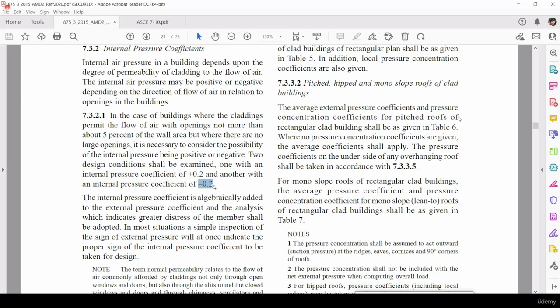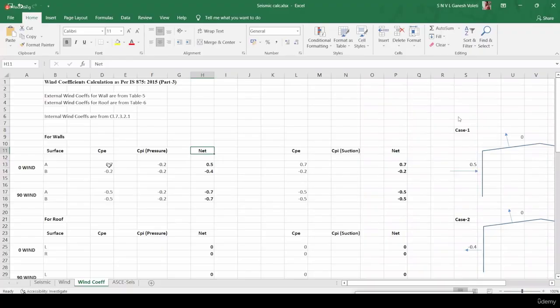So plus 0.7 minus 0.2 gives you plus 0.5. You have got a plus value here.